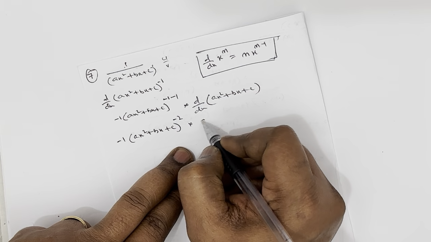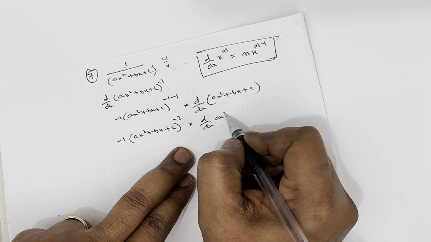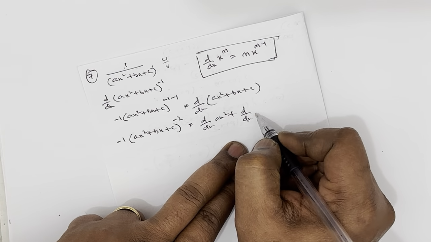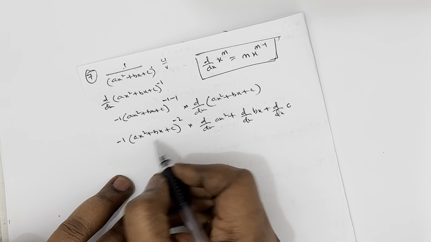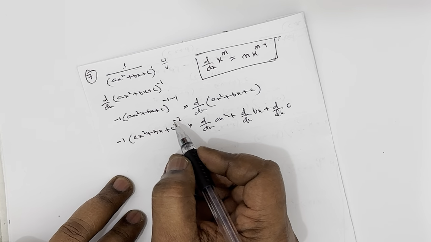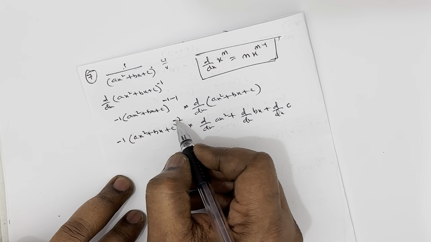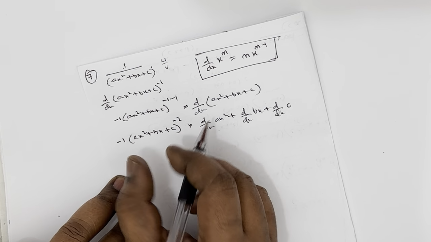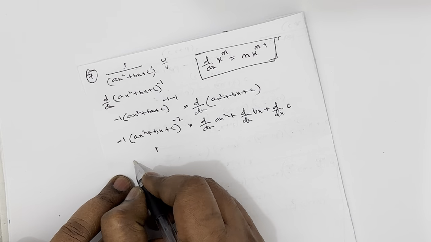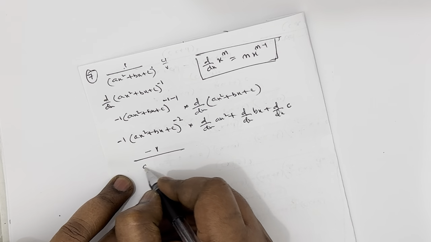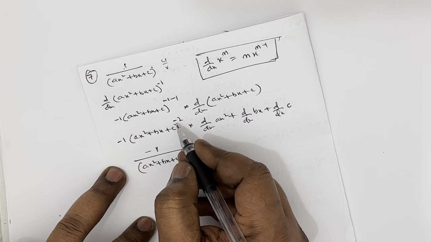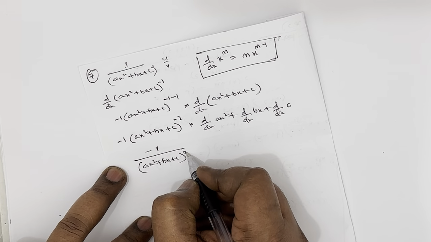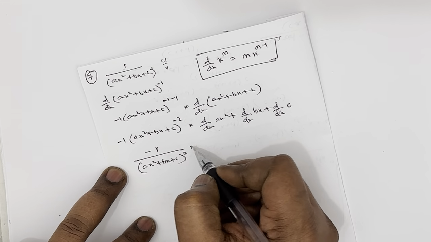So we need the derivative of each: d by dx of ax squared plus d by dx of bx plus d by dx of c. Now you can take this to the denominator. Okay, so it becomes minus 1 upon ax squared plus bx plus c whole square, the negative power becoming positive, multiplied by the derivative.